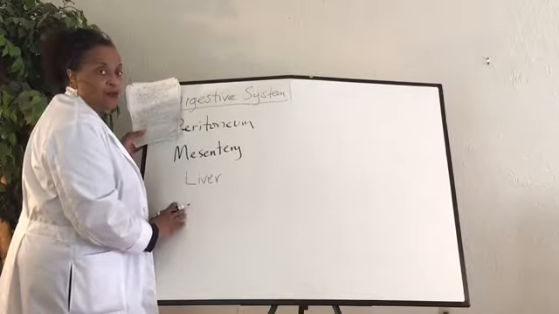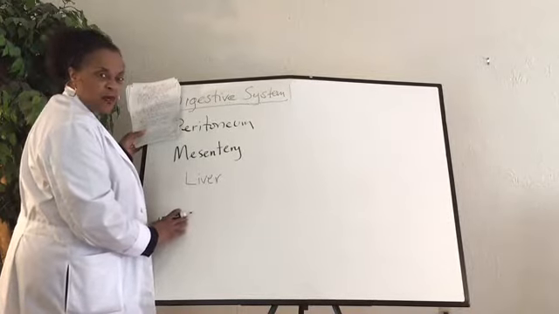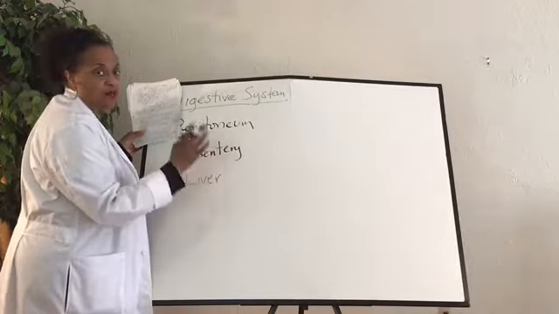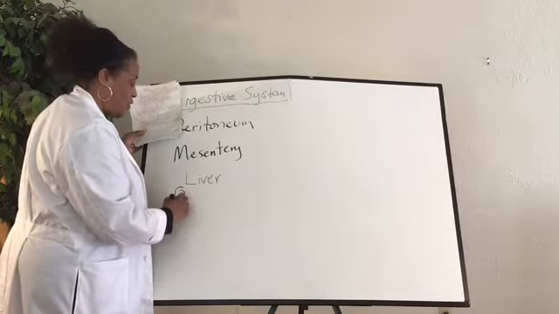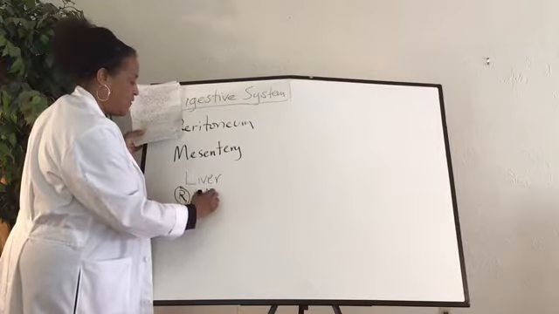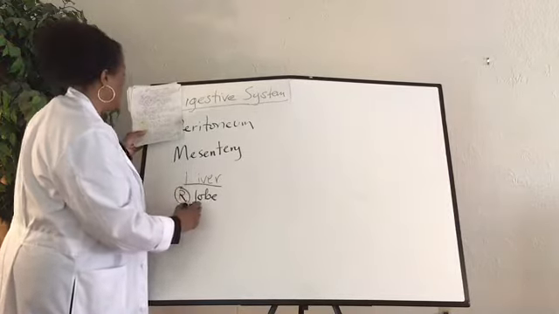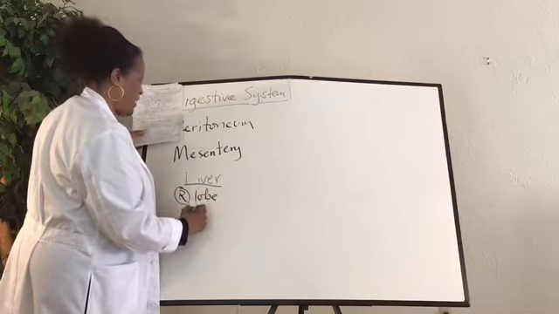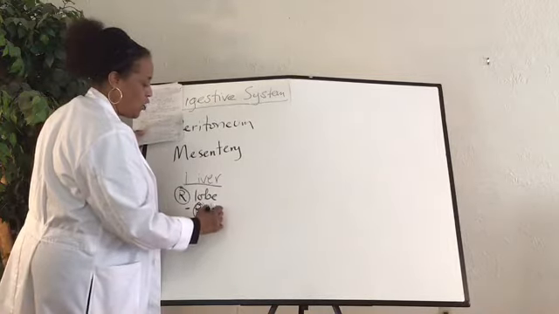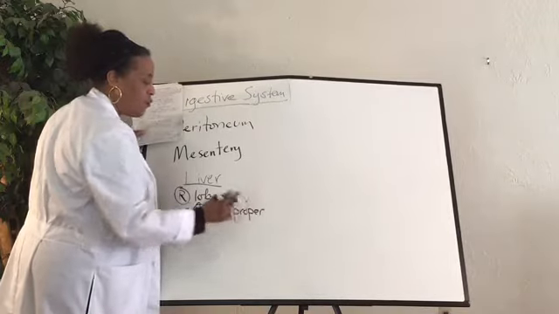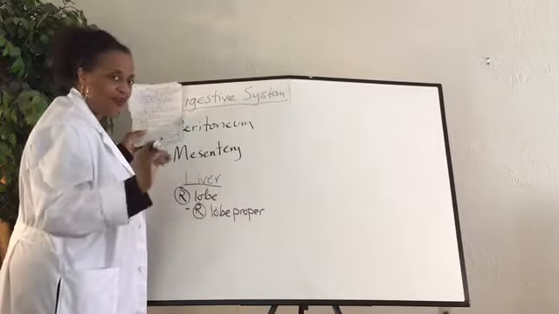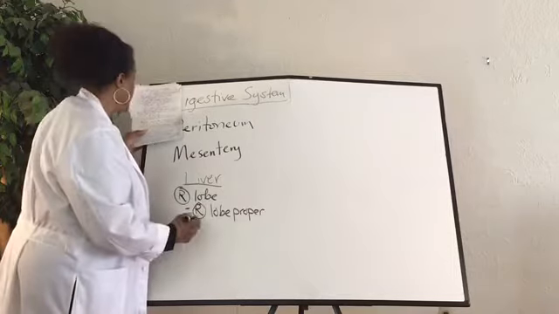The left lobe is about 20%, but the right lobe makes up about 80% of the liver. So the right lobe of the liver has 3 parts to it. You got the right lobe proper. That means that is actually the right part of the liver divided by that falciform ligament.